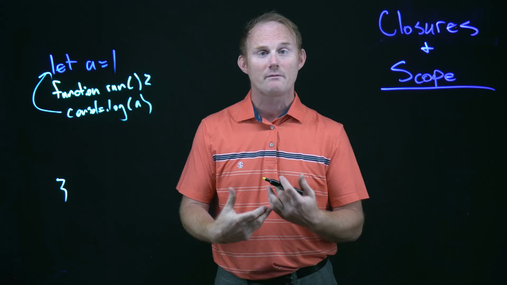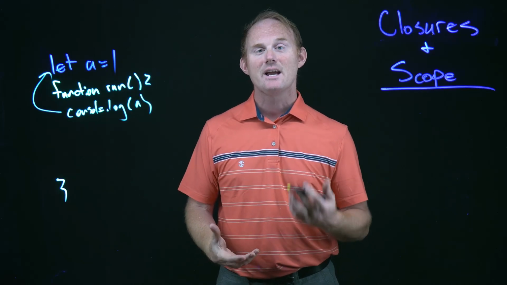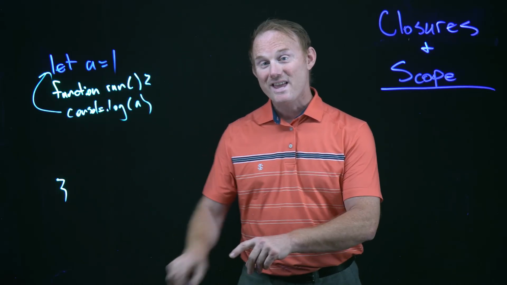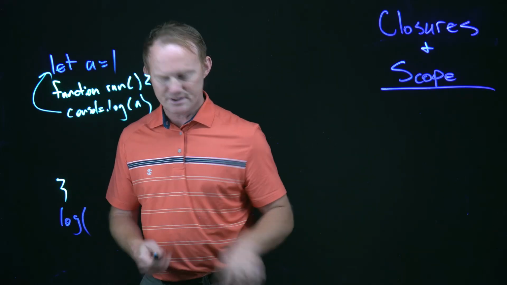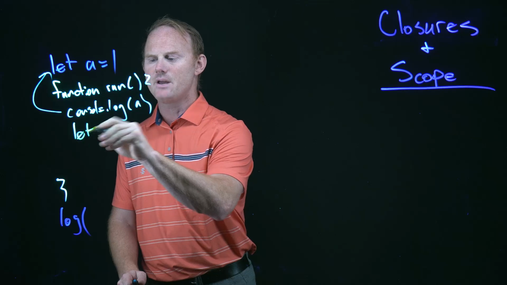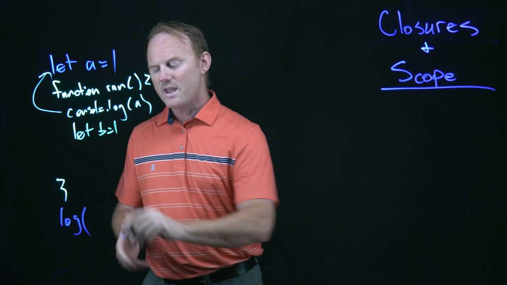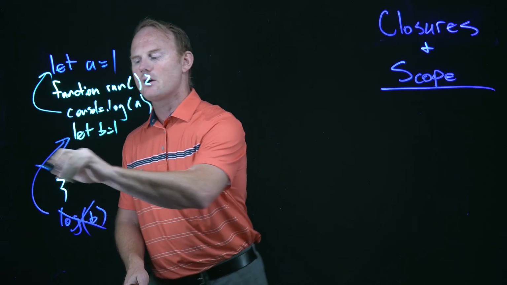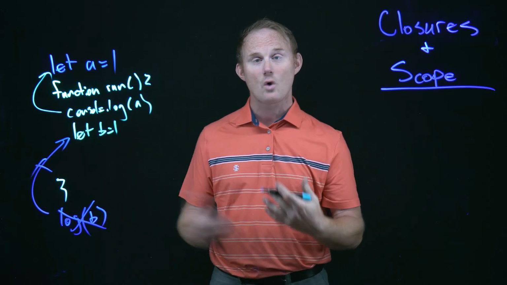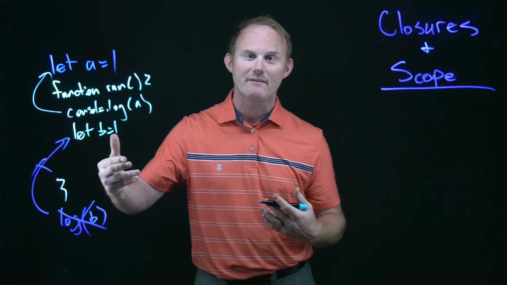The global scope are variables that have not been defined inside of a function. What we can't do is down below, if we log, and we'll say that we make a variable in here, let b equals 1, we cannot console.log b. That is not going to work because the parent or the global scope cannot see inside of a function.